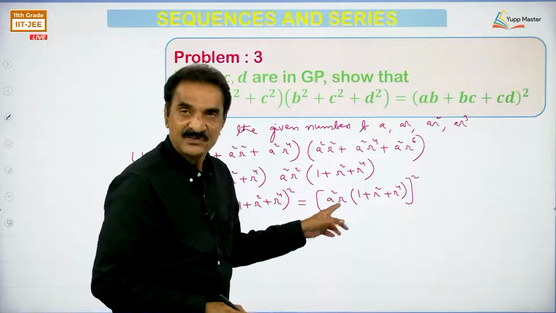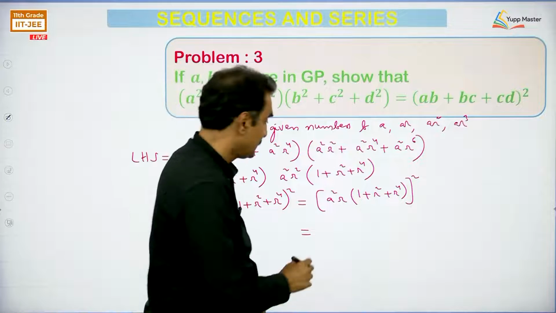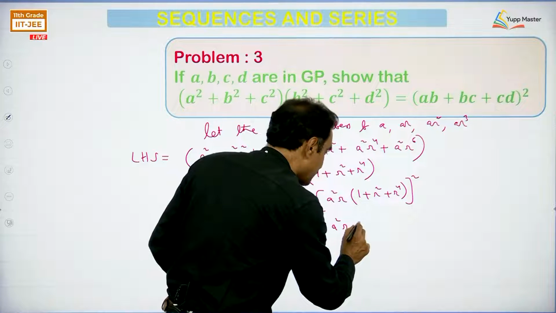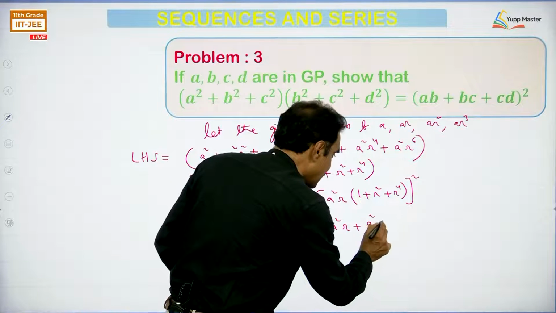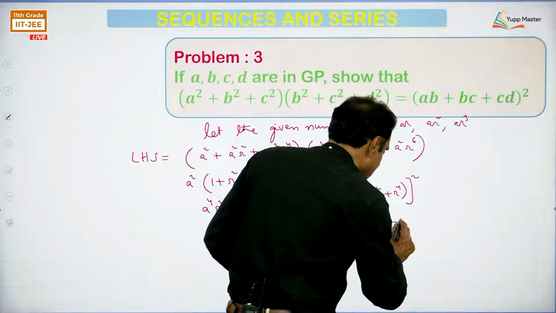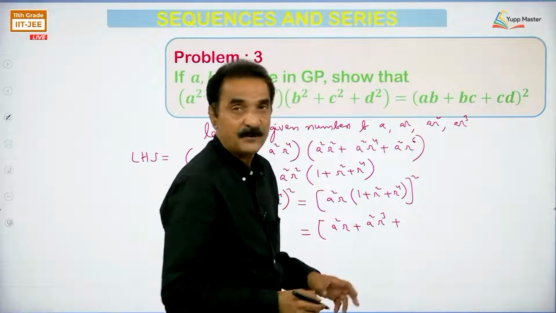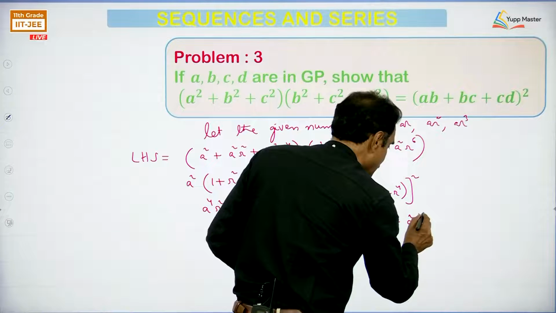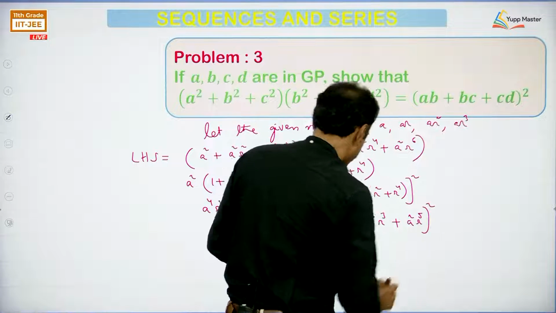Now taking a square r inside the bracket, a square r into 1 is a square r, plus a square r cube, r into r square is r cube, plus a square r into r power 4 is a square r power 5, whole square.